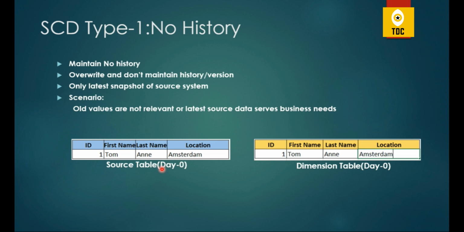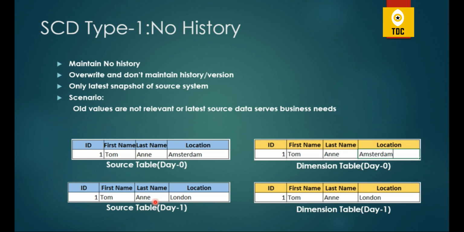On day zero, in the employee table, an employee works in the location Amsterdam, and you get that data as it is in your dimension table. On day one, the person's location changes from Amsterdam to London, and as you can see, London is updated in your dimension table in place of Amsterdam, the previous value.